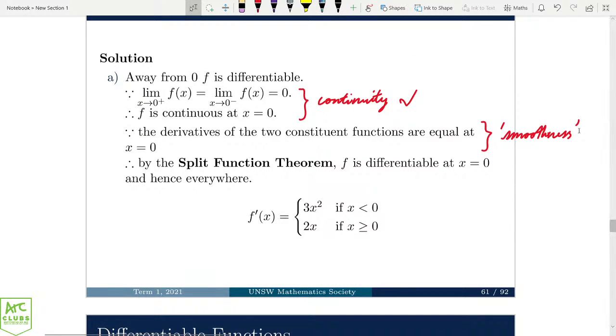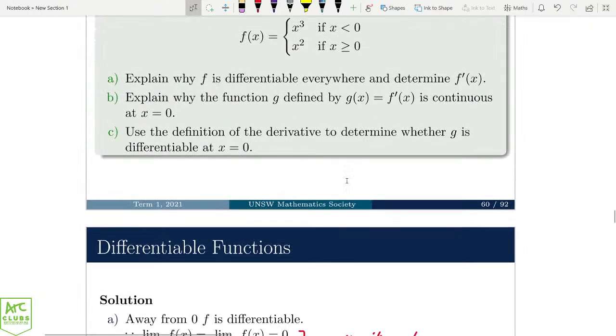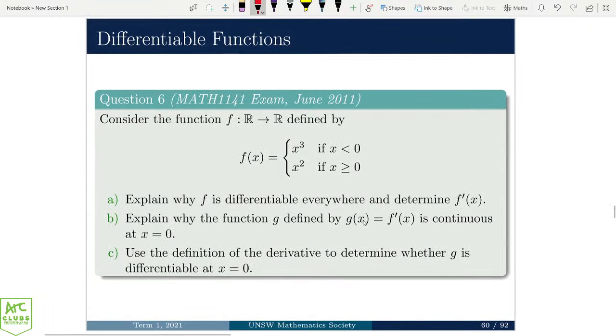Now moving on to the second part of our proof, we have to say that it's smooth. What we've done here is show that the derivatives of the two constituent functions are equal at x equals 0. The derivative of our first function, x cubed, is simply 3x squared.